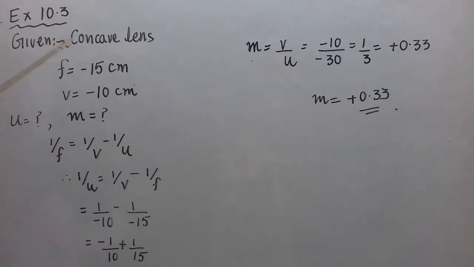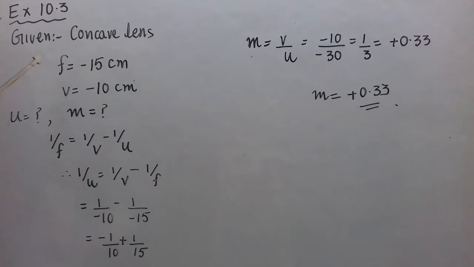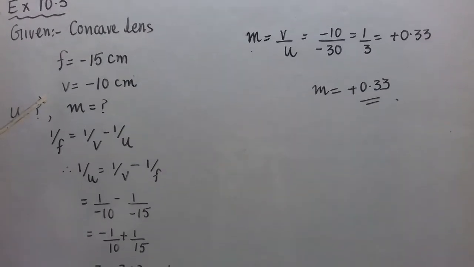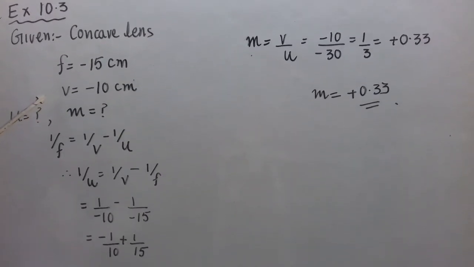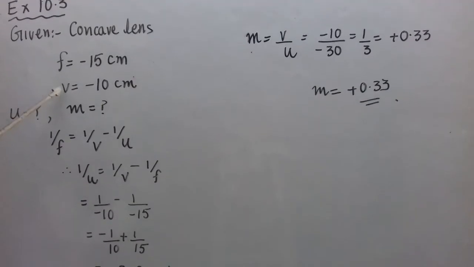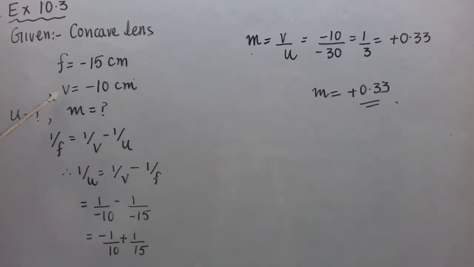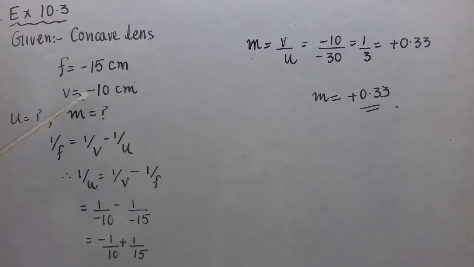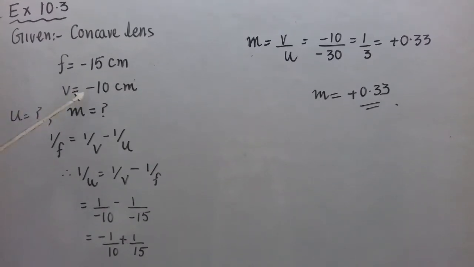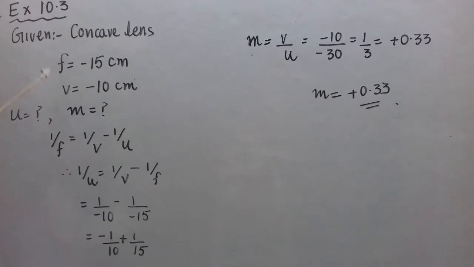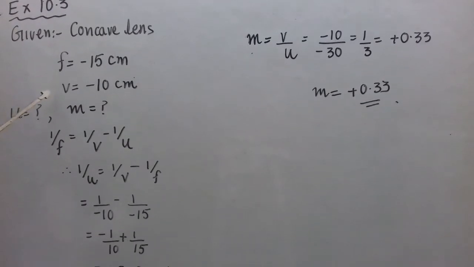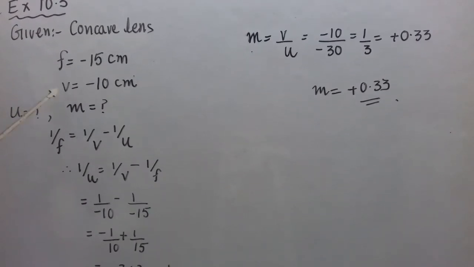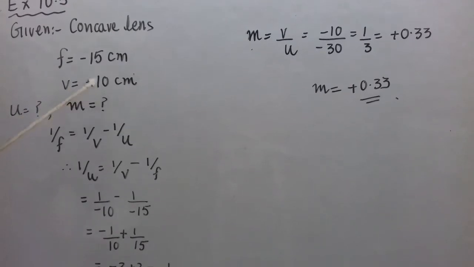Now we know that a concave lens always produces virtual and erect images, and they lie in front of the lens. It means the image distance is measured towards the left hand side of the origin, the optical center. So v has to be negative. So this negative sign you will put only when the properties of images formed by the lenses or mirrors are on your tips. So v is minus 10 cm because the image is virtual and erect.